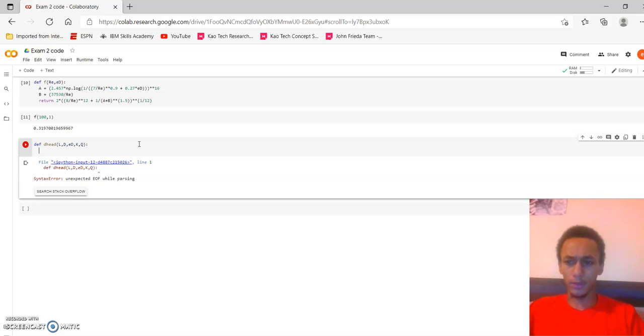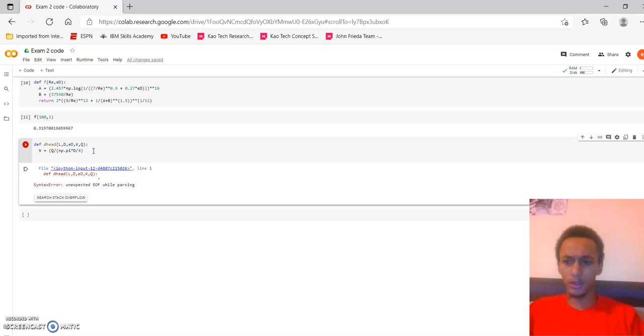I want to put in it. So we're going to need a velocity. It's going to equal Q divided by P dot pi times D divided by 4.